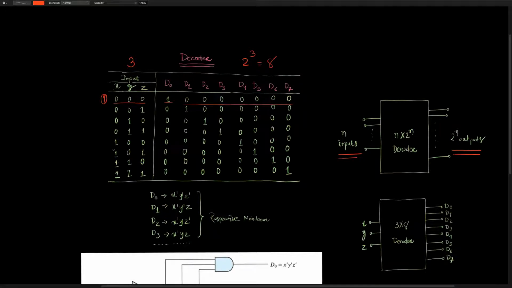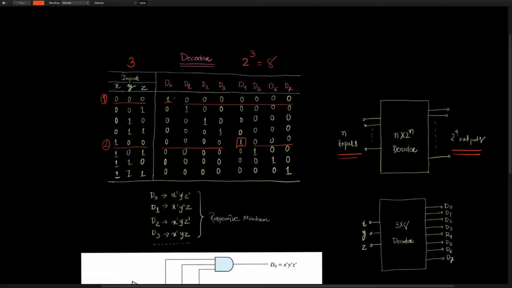If your input combination is 100, if you consider the second case, your D4 output would be high, whereas the rest of the bits are going to be 0. So that really depends on the combination of input, and the serial number is just like this: 0 1 2 3 4 5 6 7.